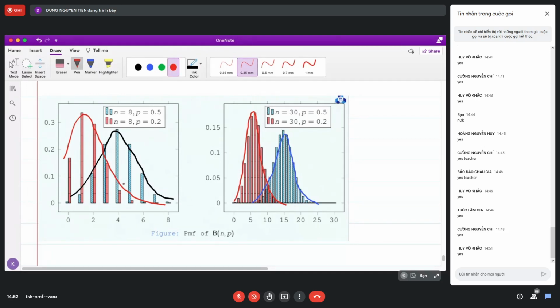If you compare this one and that one, the second one looks more symmetric, and that's why later you will see that if n is big enough, the distribution will look more normal. Then you can come up with the central limit theorem. That is a story.